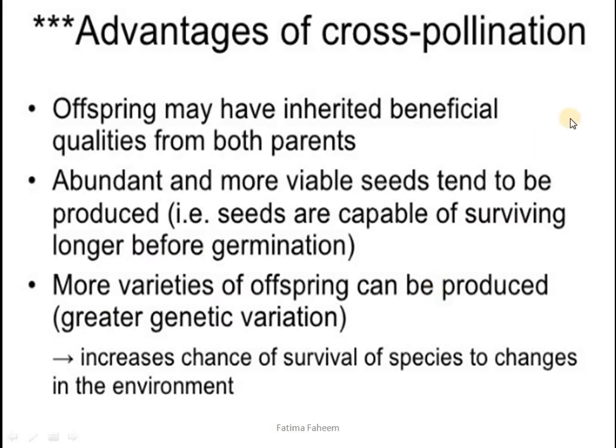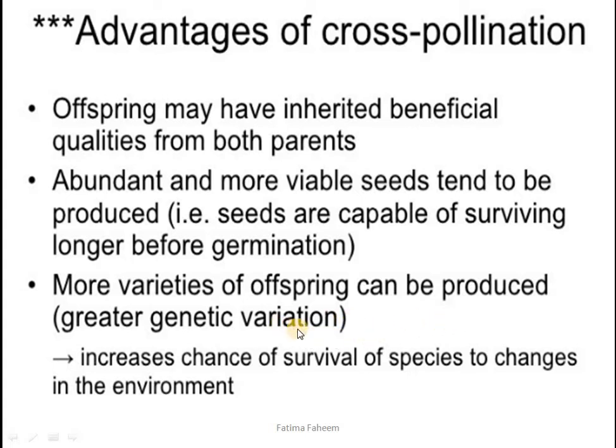What are the advantages of cross-pollination? Offspring may have inherited beneficial qualities from both parents. Abundant and more viable seeds tend to be produced. Seeds are capable of surviving longer before germination. More varieties of offspring can be produced.